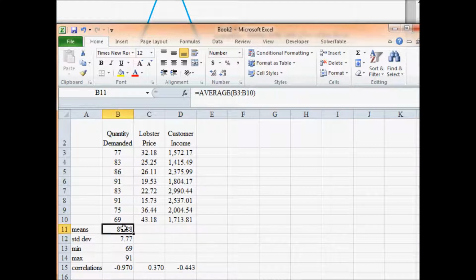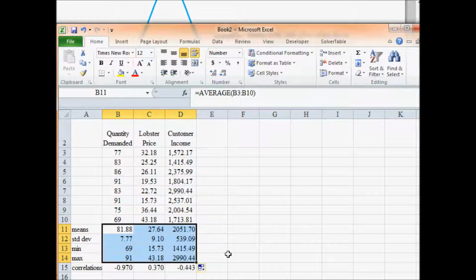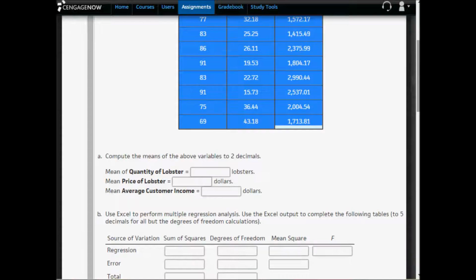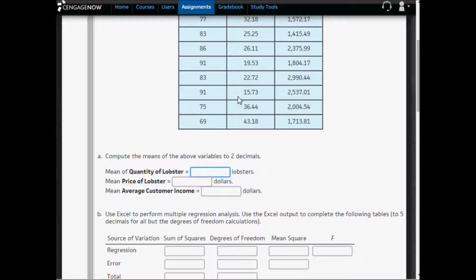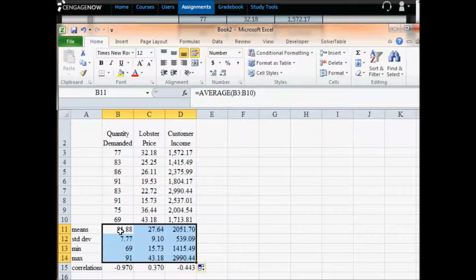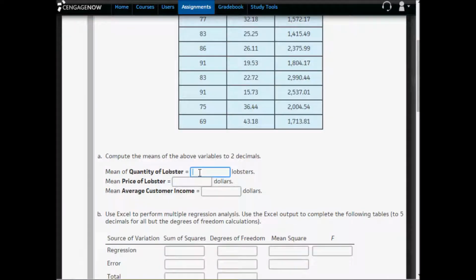Okay, now that I have the means, the standard deviations, the min, and the maximums computed for quantity demanded, I can very easily compute the same for lobster price and customer income. So the first mean I need is the mean quantity of lobster, to 2 decimal places.